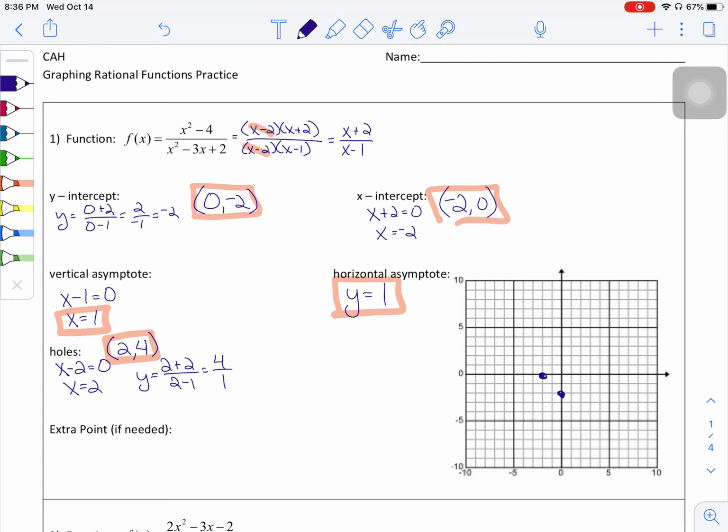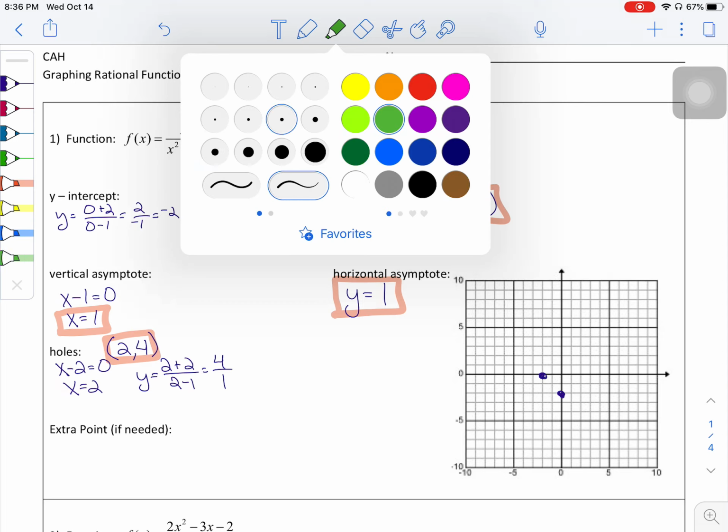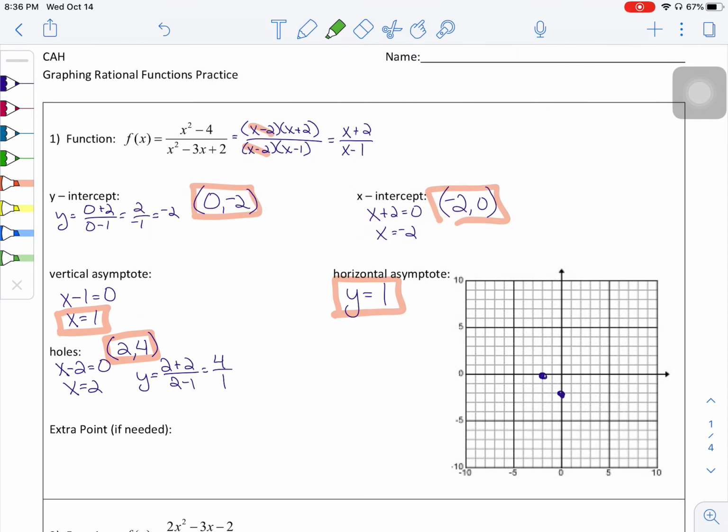Vertical asymptote, I'm going to put this in, I guess in green. I'm going to narrow it down a little bit so it's not that big. All right, x equals 1. So there's my vertical asymptote. Horizontal asymptote, y equals 1. Okay. And I have a discontinuity at (2, 4).